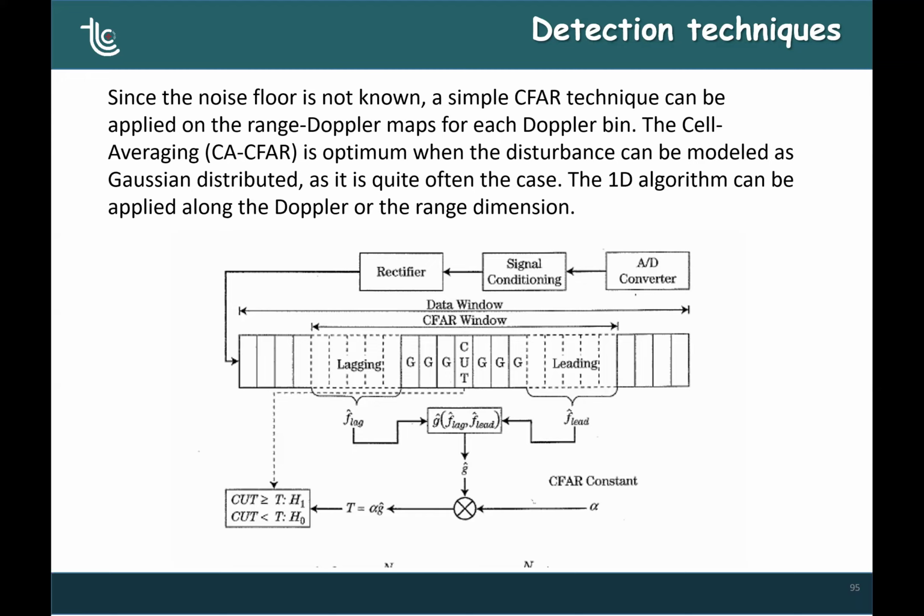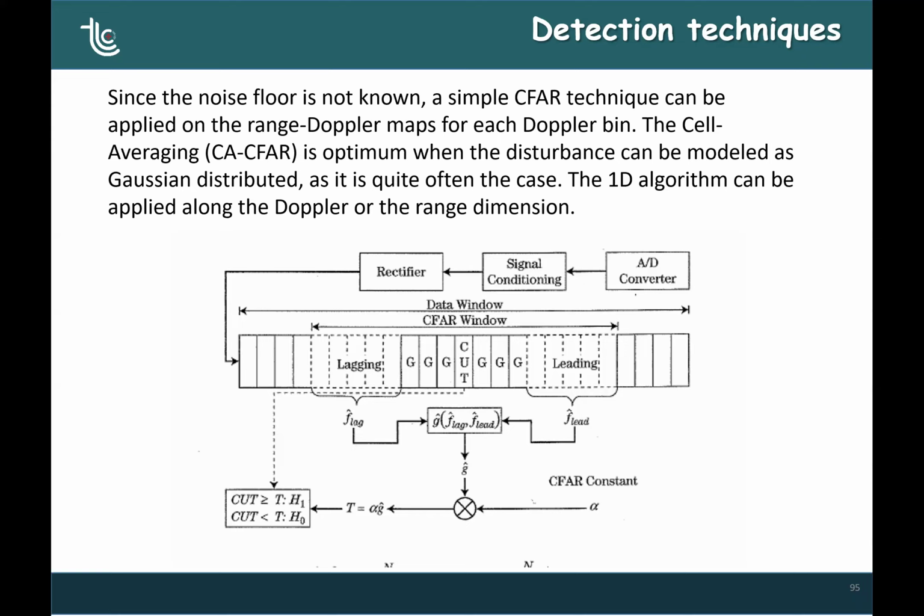They can be one-dimensional, applied for each Doppler bin on the range cells, so practically there is a bank of these detectors, one for each value of the Doppler. Or there are also 2D algorithms that are applied jointly in Doppler and in range.